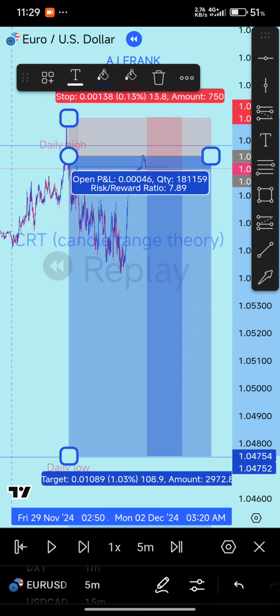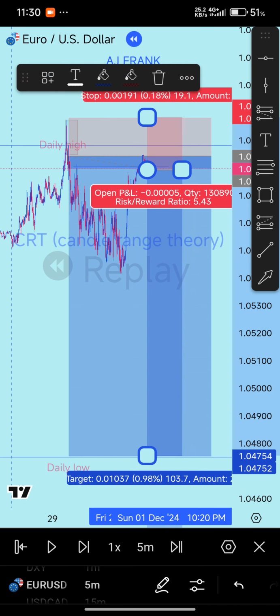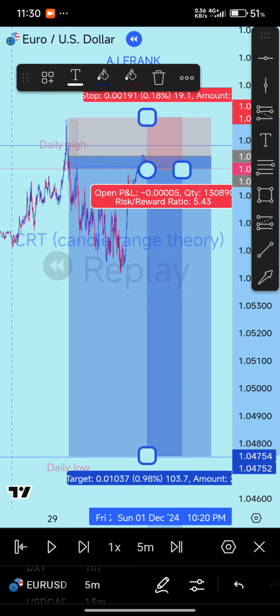So in total we are risking 13 pips plus 19 pips, that is 32 pips, and we are going for 108 pips plus 103 pips.